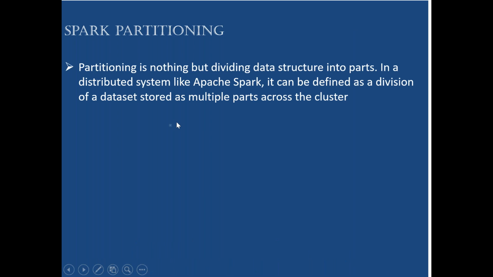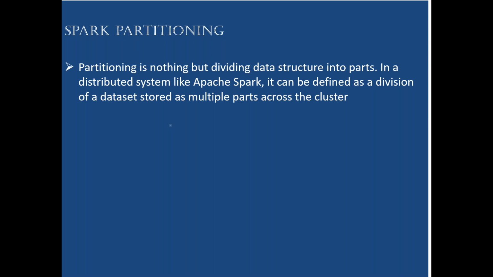Partitioning is nothing but dividing a data structure, your data, whatever 100 records or whatever, into parts. In a distributed system like Apache Spark, what is meant by a distributed system? As we discussed, it's not a single computer. You have multiple computers. You need to distribute your work, your chocolates, your records.